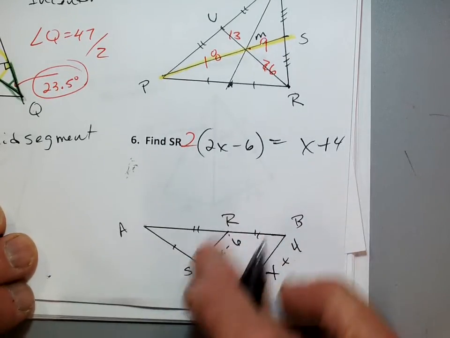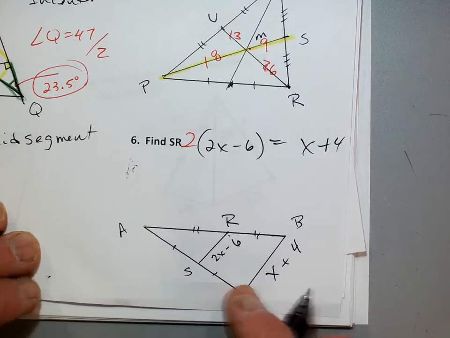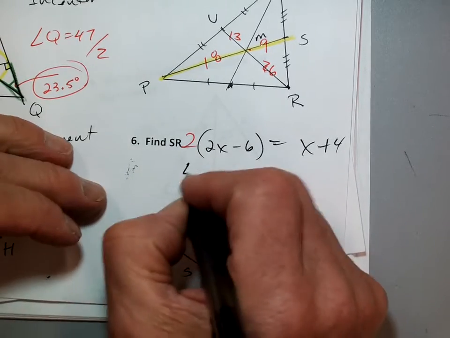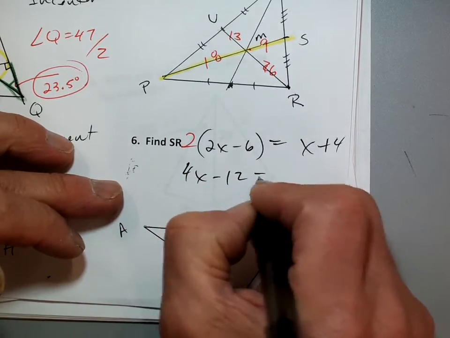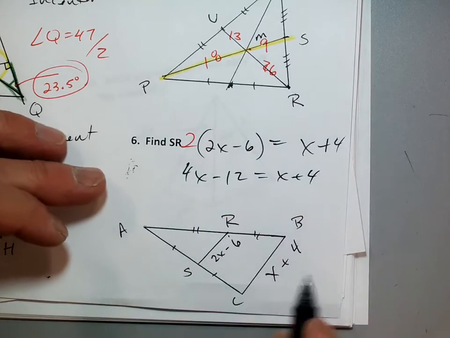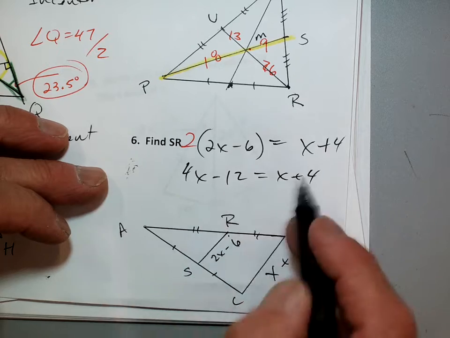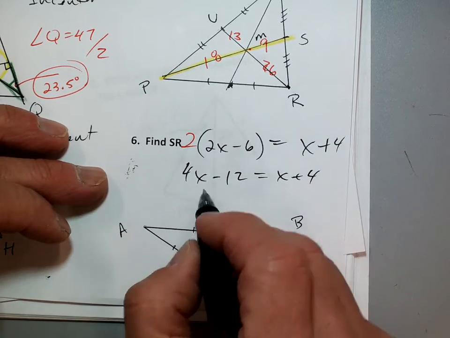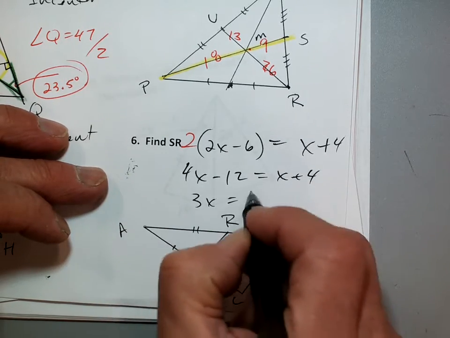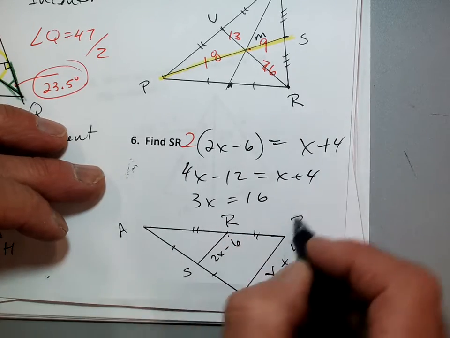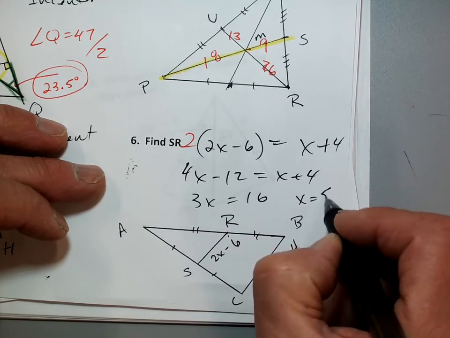So if I double this, make it twice as big, it'll be equal to that because it's half as big, and I'm just going to solve for x, okay? 4x minus 12 equals x plus 4. I'll get 3x equals 16. So x is going to be 5 1/3.